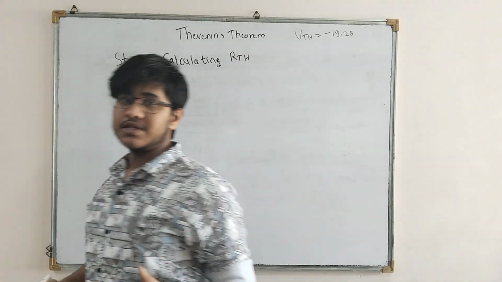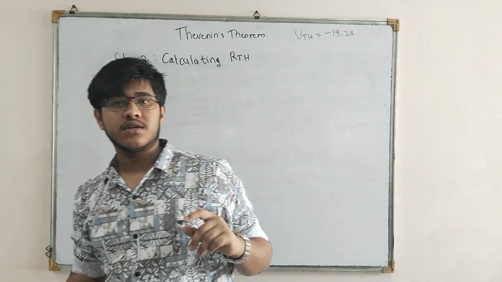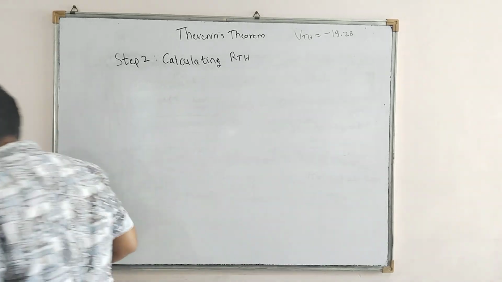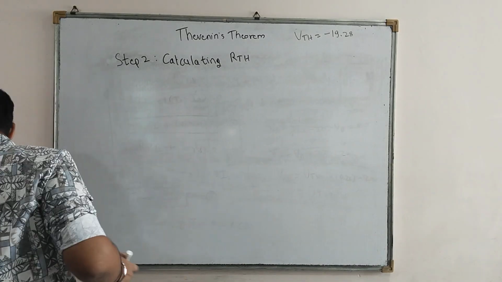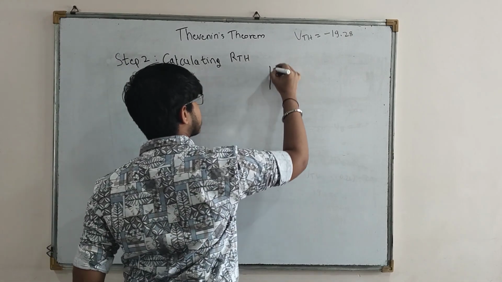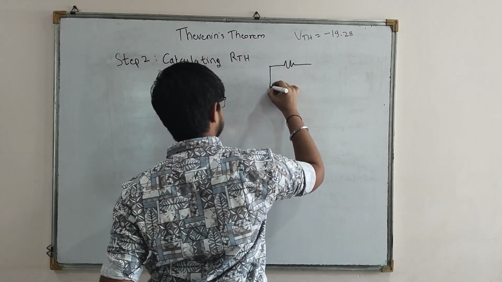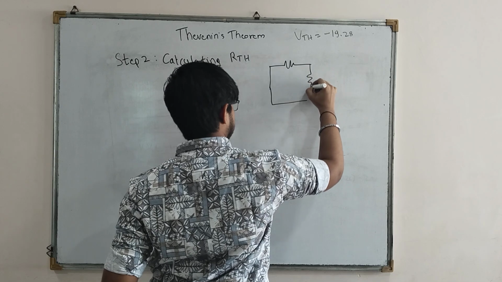Okay, you remember what is internal resistance? We had discussed it in one of our lectures. Okay, so what was my diagram? It was like this. Then here was the resistance. There was the resistance here also.